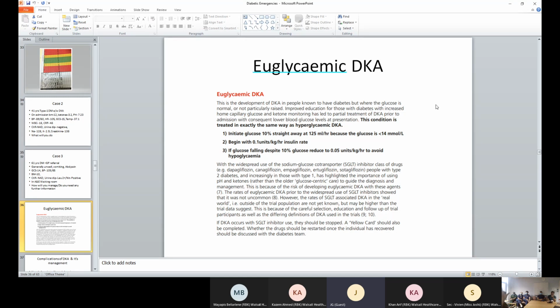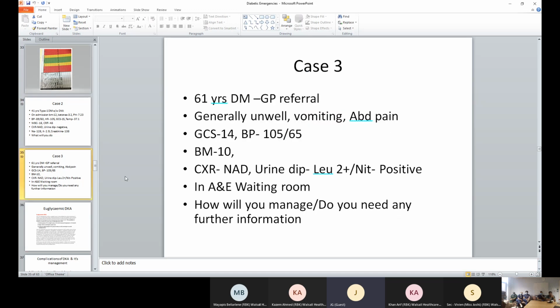So you may look at the most recent letters, whether they have mentioned anything. In those patients, even if they come with non-specific symptoms, some vomiting, some abdominal pain, you should think of it.